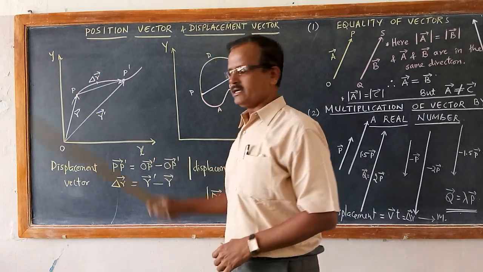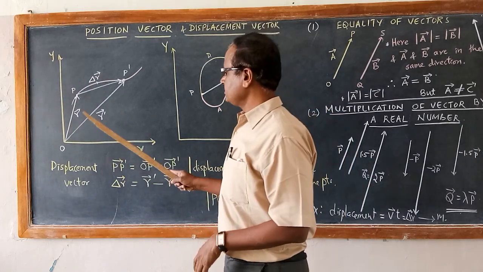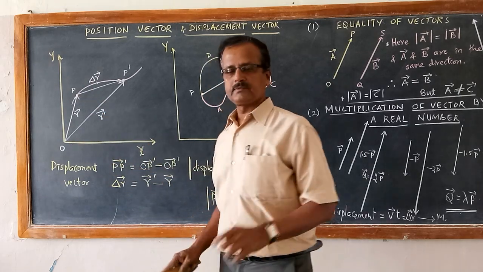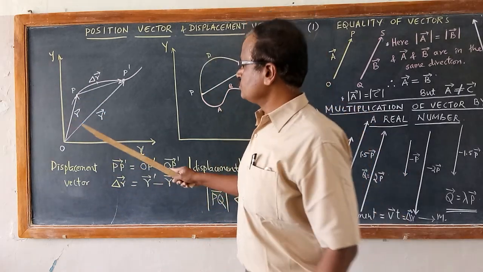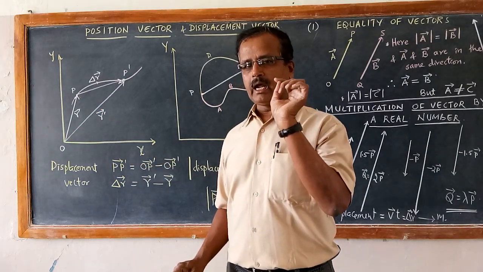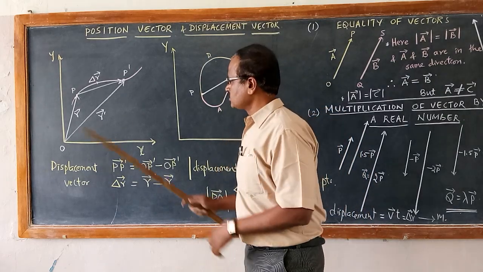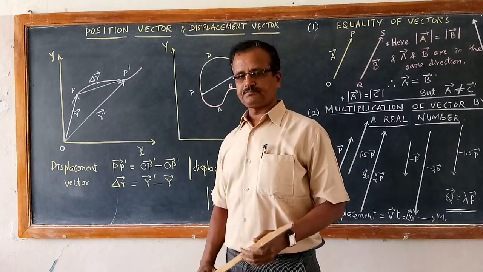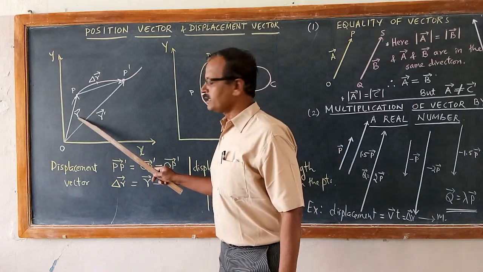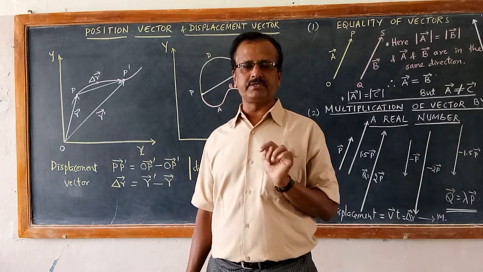And this arrowhead gives you the direction of that point at time t equal to 0. So this complete OP gives you the position vector of that point P at time t equal to 0. This position vector is denoted by vector R. A vector is denoted by an alphabet with an arrow mark on top of it.